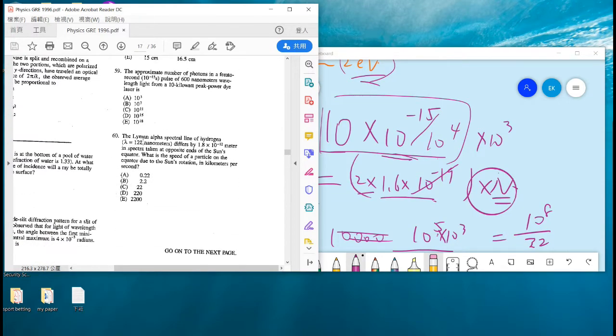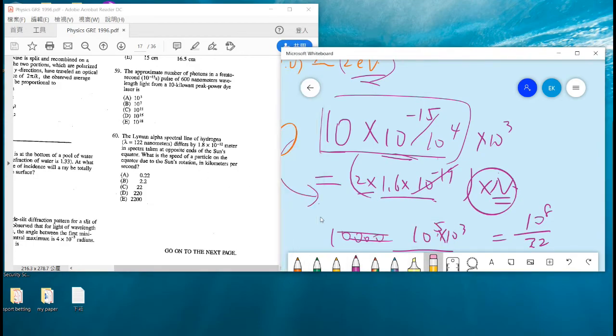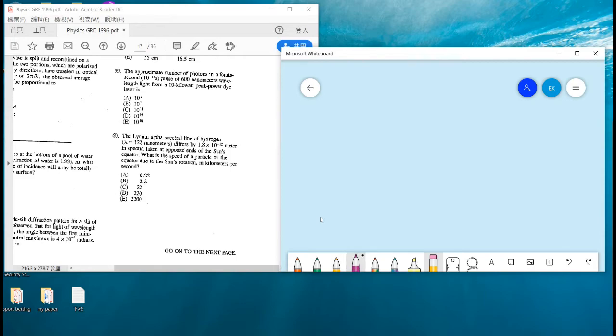Okay, 60. The Lyman alpha line in hydrogen differs by some meters in the spectrum at opposite ends of the sun's equator. What is the speed? So this is actually about the Doppler effect. Usually, when we need to use the Doppler effect for light, we use the light Doppler effect.